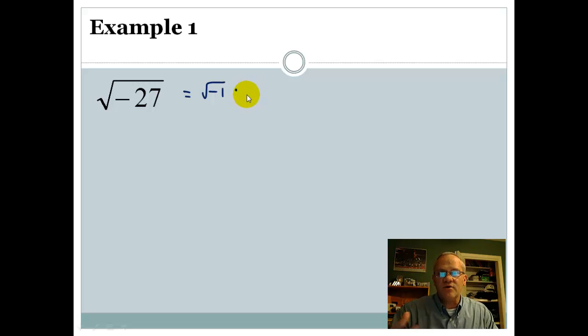Think about what multiplies together to give you 27, where one of those numbers is a perfect square. That would be square root of 9 times the square root of 3, because 9 times 3 is 27.